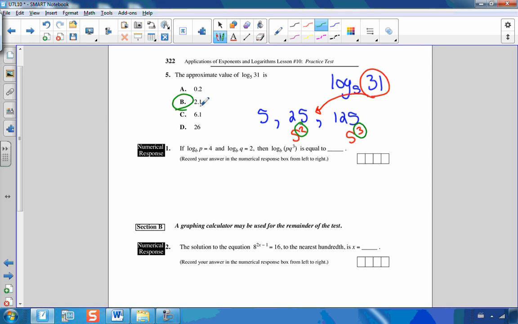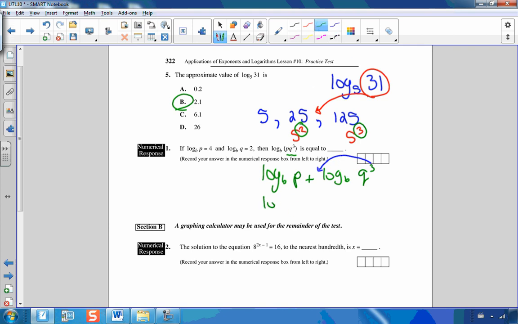Okay, next one. If log base b of p equals 4 and log base b of q equals 2, then what is the log base b of p times q cubed? So what I'm going to do is go to my log here and expand it. When I multiply arguments together, I can expand that by adding the individual logs. And then of course the 3 will come down.